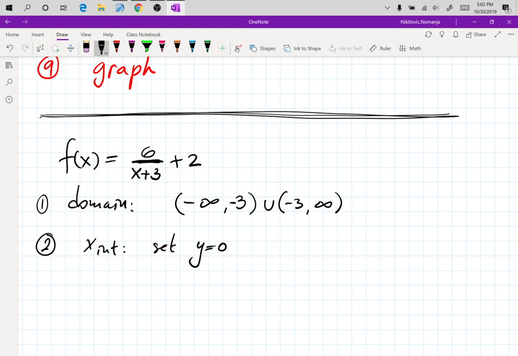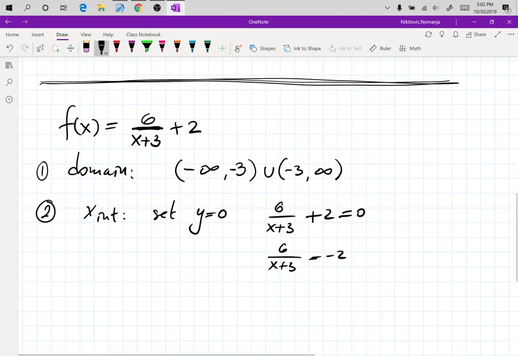This is algebra 1 concept, right? To find x-intercept, you set y equal to 0. So you have to solve 6 over x plus 3 plus 2 equals to 0. You set your f of x is y, so you set y to 0. And now you have 6 over x plus 3 equals -2.